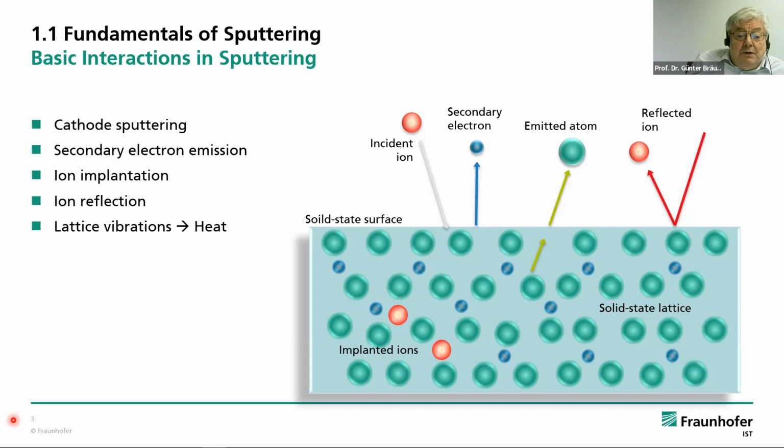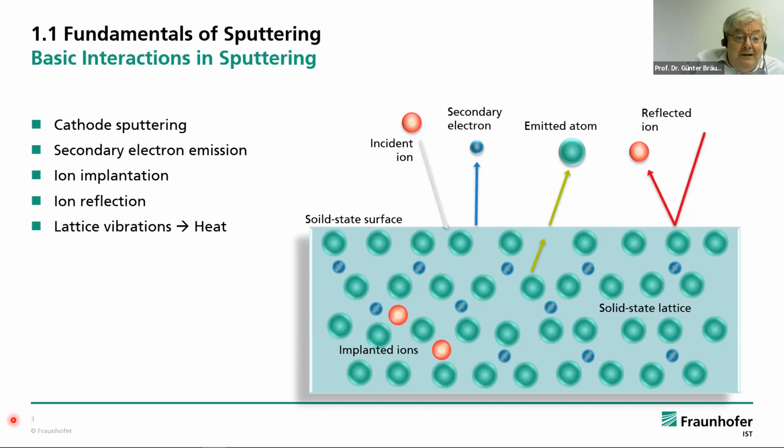The so-called collision cascade will spread deep into the solid target. The ion may be reflected. This especially happens for glazing incidents. If the angle of incidence is very high, this cannot happen in magnetron sputtering.